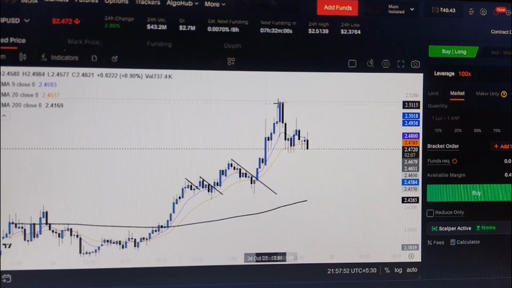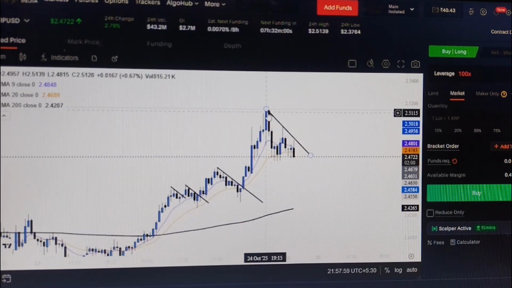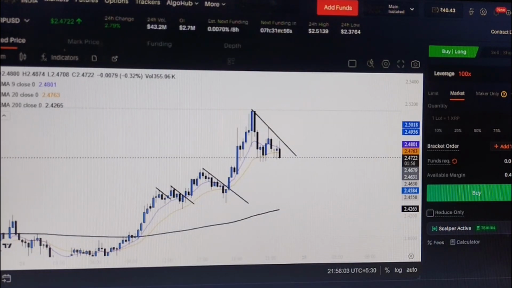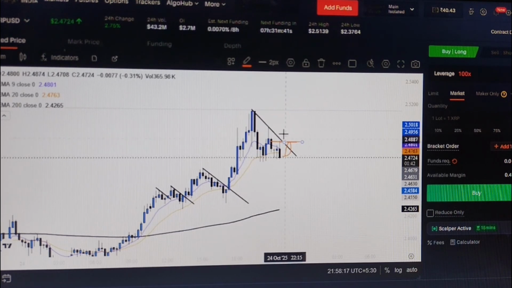So when the price is above the 200 moving average, I'm going to draw trend lines and wait for the price to break that trend line. Say for example, in another 2-3 candles the price breaks this trend line and it is above the trend line. It isn't a normal wick.